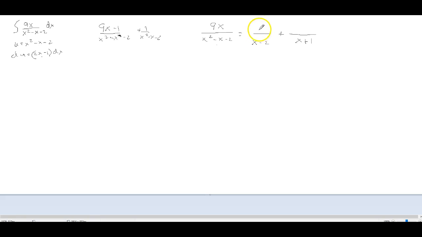And then I make this an A, and I make this a B. Now I'm going to solve what those must be. Okay, that's the way this works. So how do I solve what this must be?